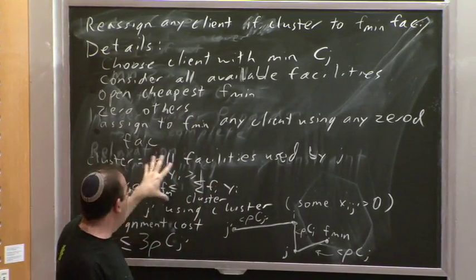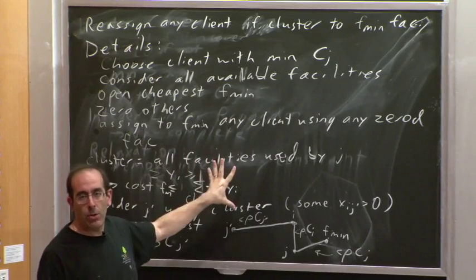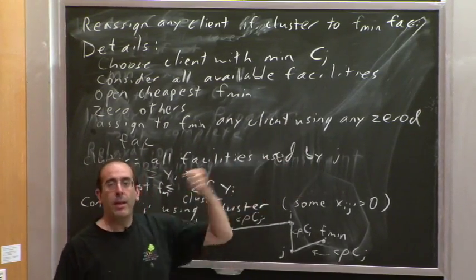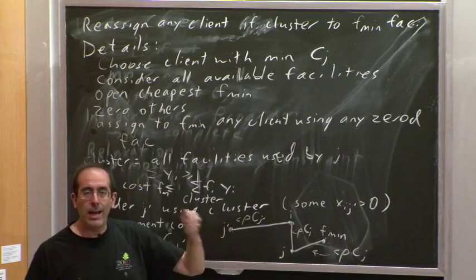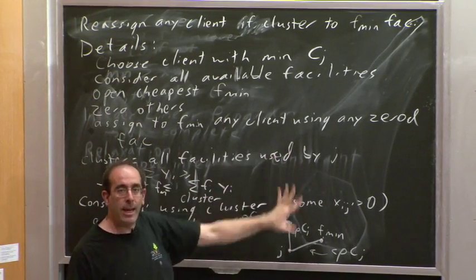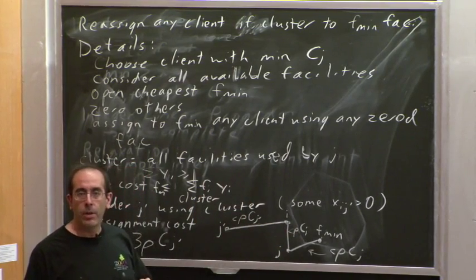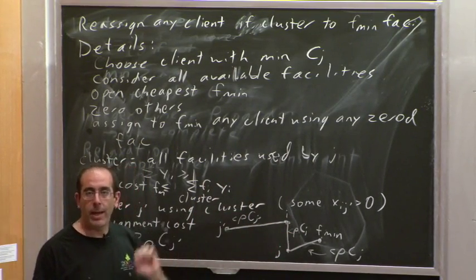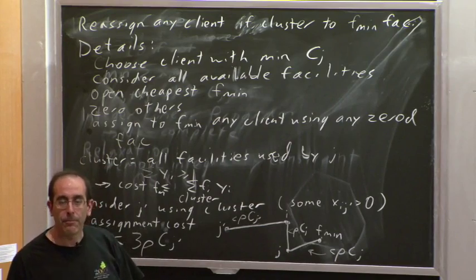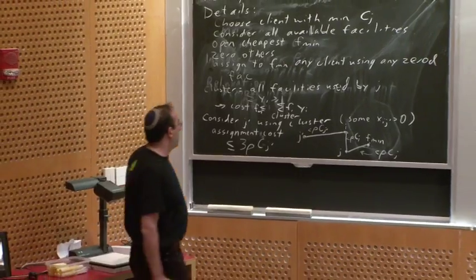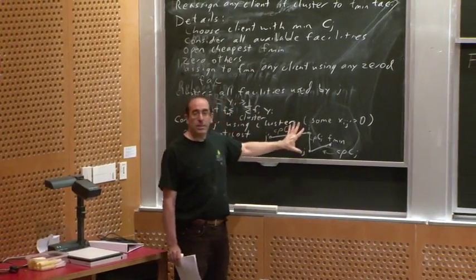And now I'm saying assign every node that had a fractional value into this cluster, make it an integer value. So assign every node that was partially using anybody in this cluster to this fmin node. And I just open this fmin node so I can assign everything to it. And when we iterate on this for multiple clusters, we consider these already completely done.